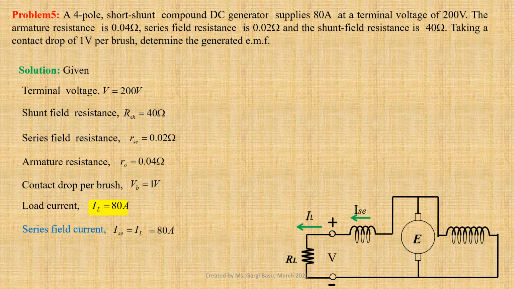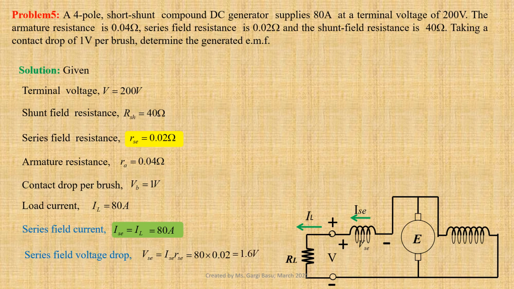Now we shall calculate series field voltage drop. VAC equals to IAC into RAC. Using values, we get 80 into 0.02, that gives us 1.6 volt.